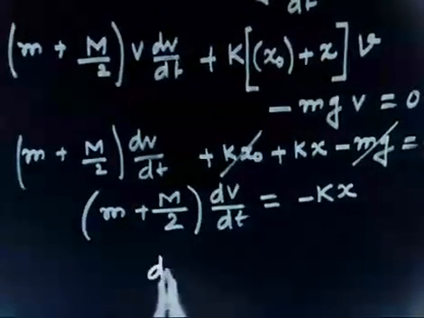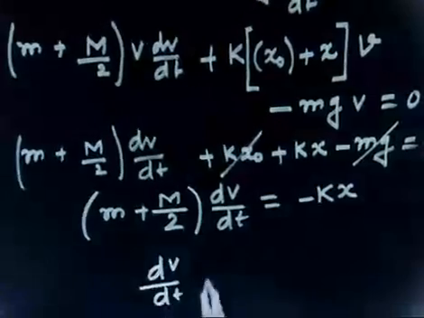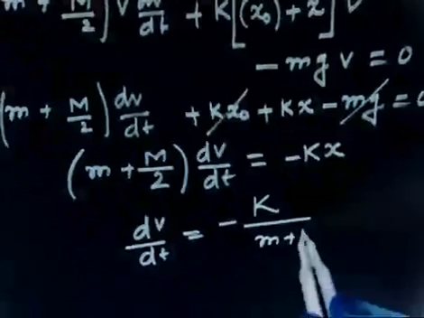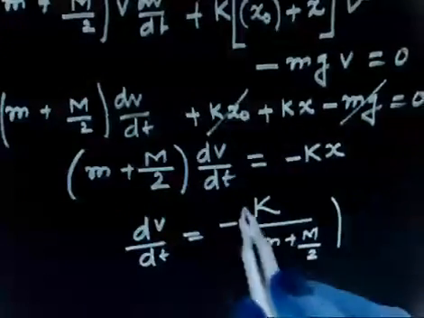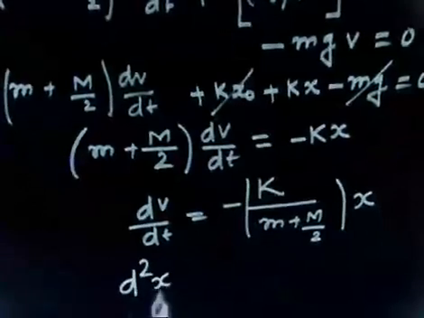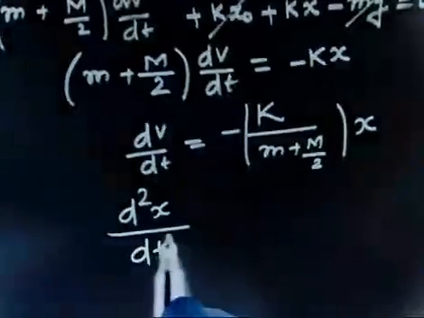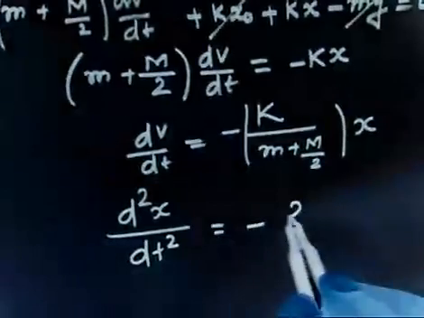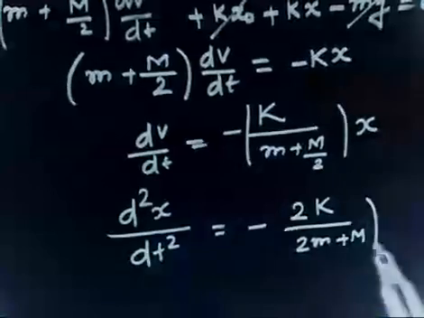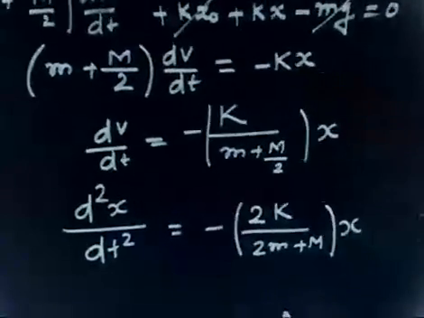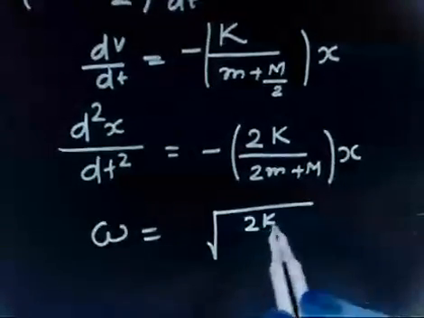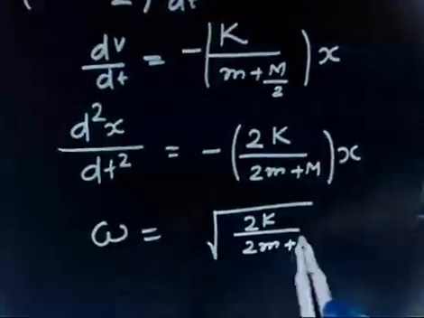So dv by dt equals minus k by (m plus M by 2) into x, and dv by dt can be written as d2x by dt square, equals minus 2k by (2m plus M) into x. From here you can find omega. So omega will be under root 2k by (2m plus M).